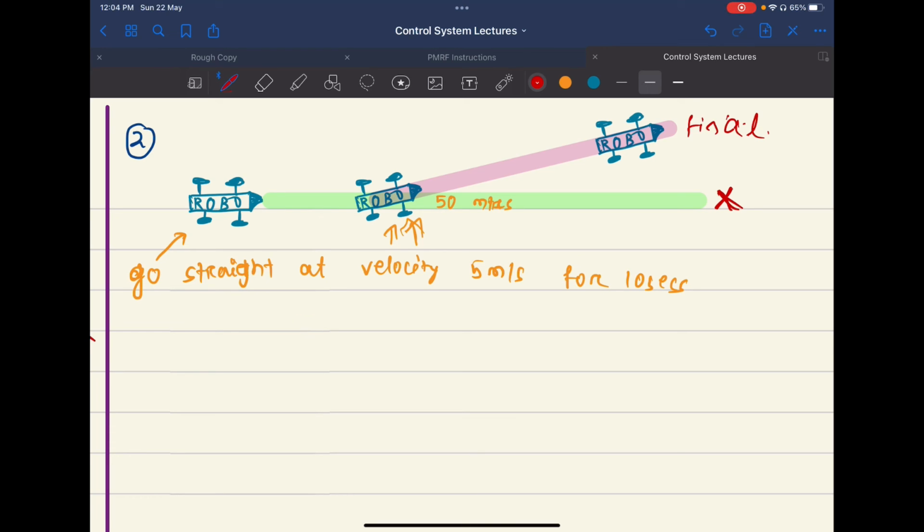This is G, and I'm using some controller, which I will be discussing later. And we incorporated some sensor H in the path.